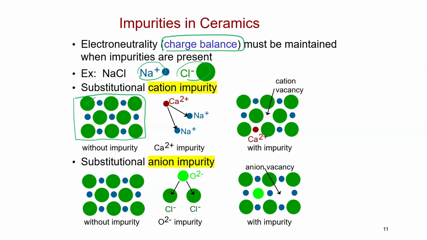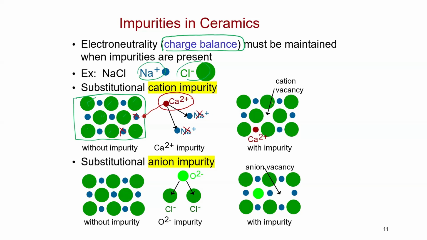So the charge is balanced. But if there is an impurity of calcium 2 plus, to keep the charge balanced, it should replace 2 sodium atoms. So 2 sodium atoms should be taken off, and this one can stay here as an impurity.